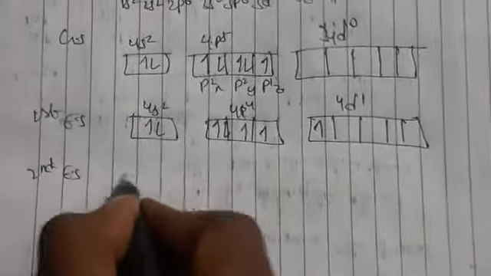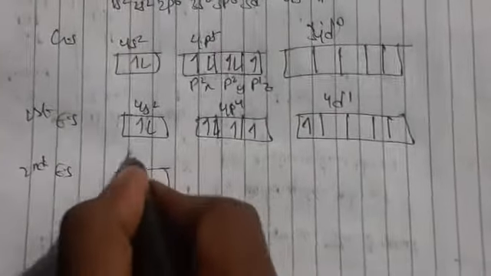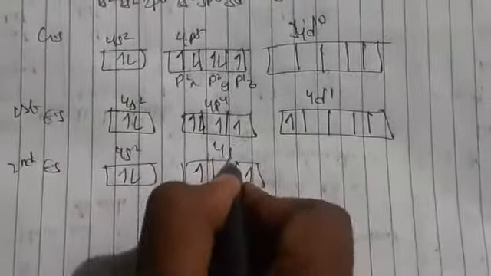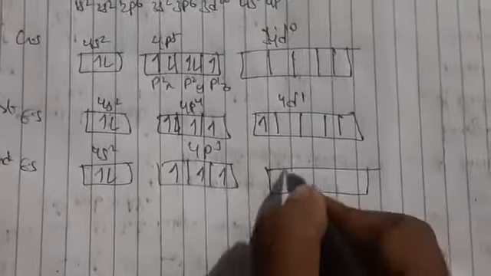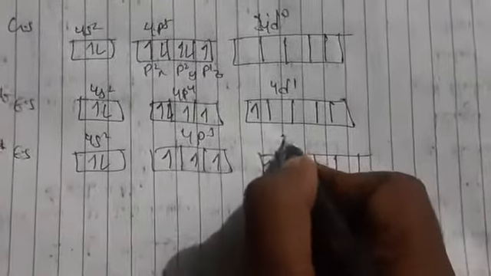Okay, in the second excited state, what happens here? In the second excited state, one more electron jumps here. So means what are we getting here? Total 4p3, and we are getting 2 electrons, that is 4d2. So BrF5.